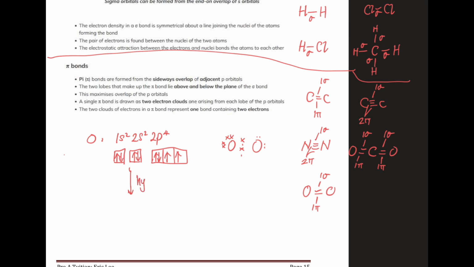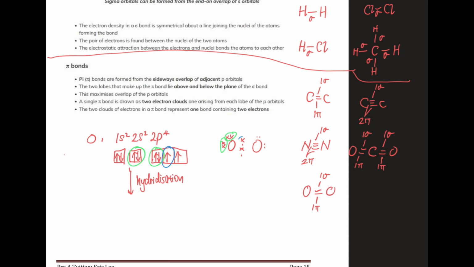How do they do hybridization? There is one pi bond, so you keep one orbital for the pi bond. Don't hybridize this. Pi bond doesn't hybridize, so only sigma bond hybridizes. This is going to form the sigma bond. This is the lone pair here and the lone pair here.